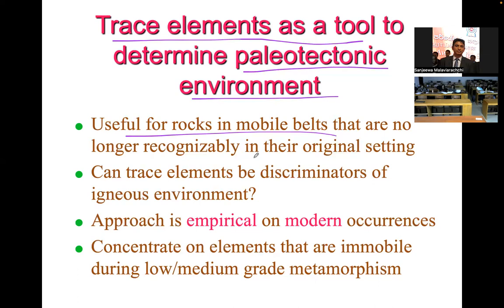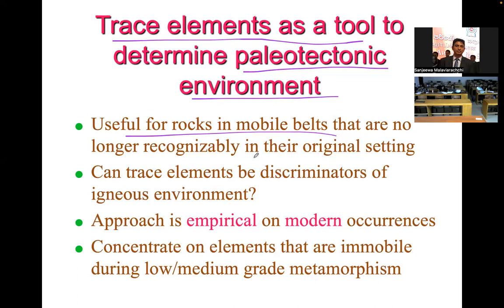What kind of setting? Were they representative of ocean islands, or mid-ocean ridges, or collision or subduction, whatever? You can't easily find out because everything is now in a kind of melange, a mixed zone.